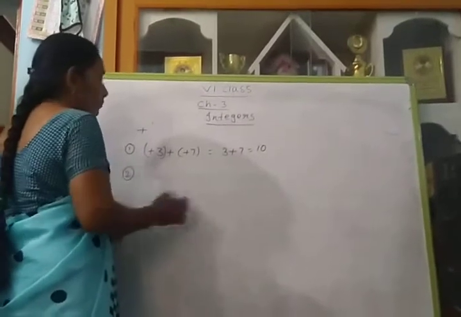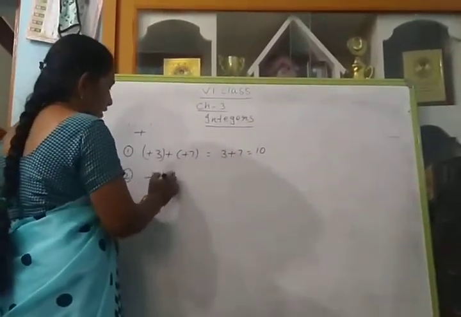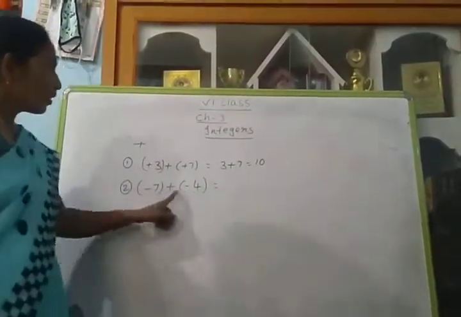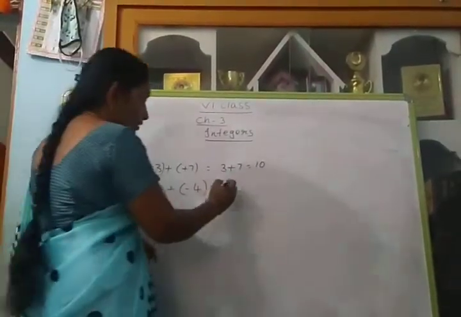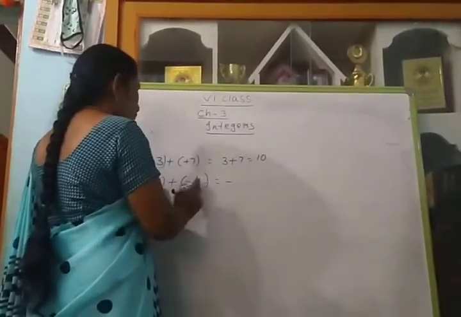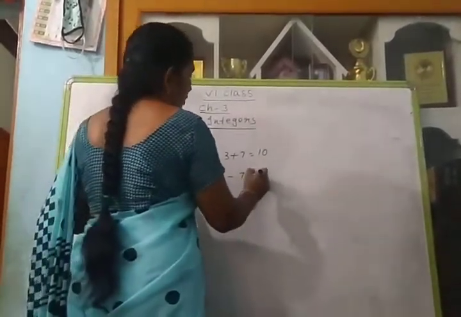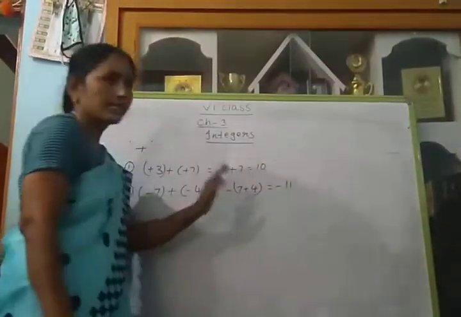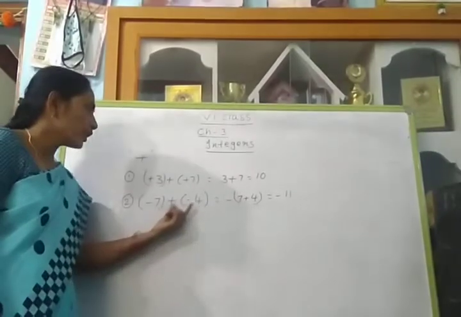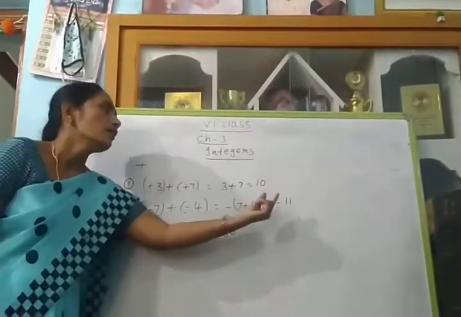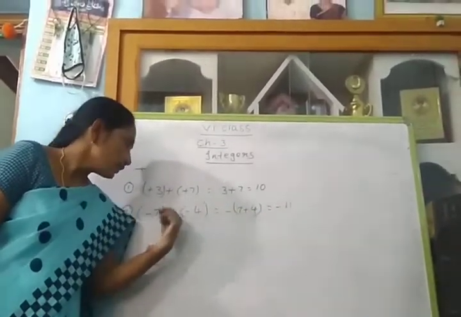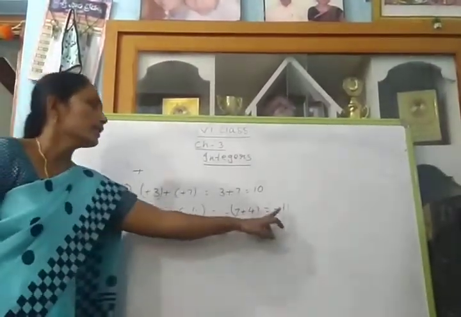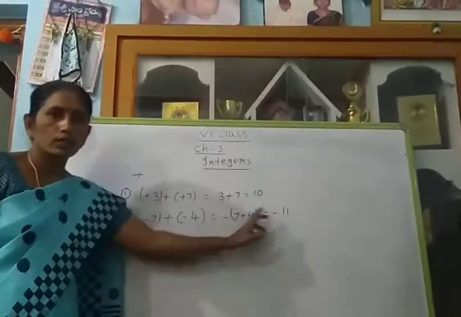Next, the sum of both negative integers, minus 7 plus minus 4, is always negative. We take the sum of the numbers: 7 plus 4 is 11. The answer is minus 11. So the sum of two negative integers is always negative. We add the numbers, 7 plus 4, but in the sum we write a negative sign.